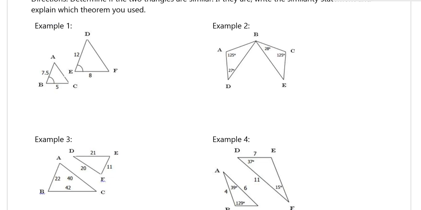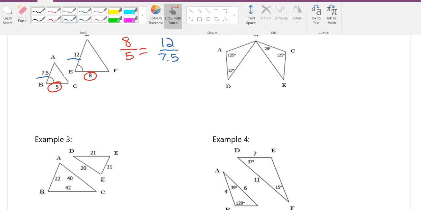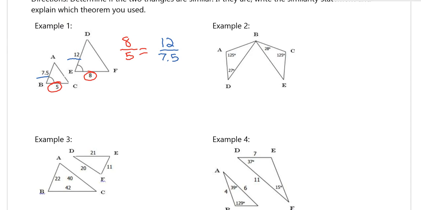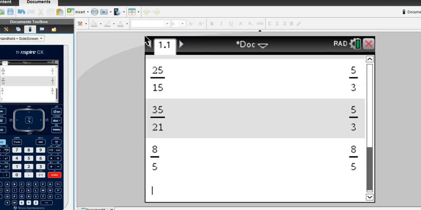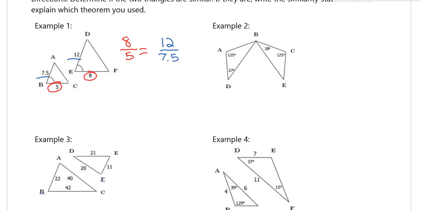Okay? Easy as that. So my smaller side over my smaller side, and then my bigger side divided by my bigger side. And this is one place we do have to be careful. 8 divided by 5, I just get 8/5.